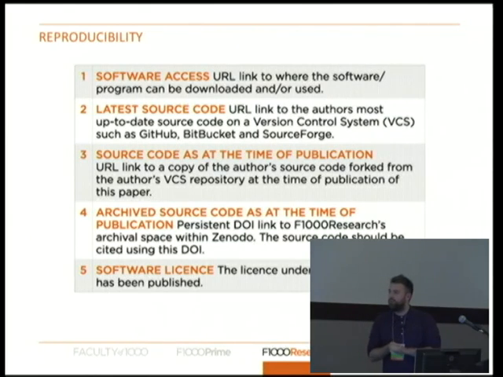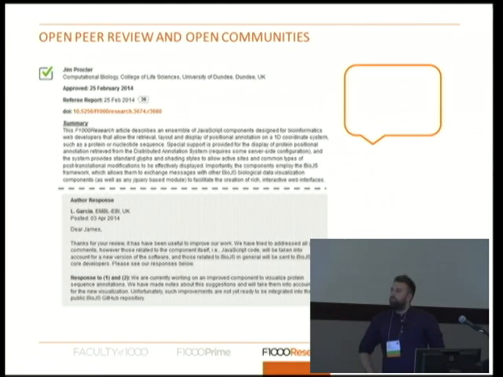We also archive the source code at the time of publication as well, so we can get a DOI for that code, and the author then can actually have some credit because they can cite the code that they've done. And obviously we also put in the software license so everyone knows how the data and this code can be used. Also, because we employ open peer review, and software itself necessitates community and collaboration, so should peer review reflect that.